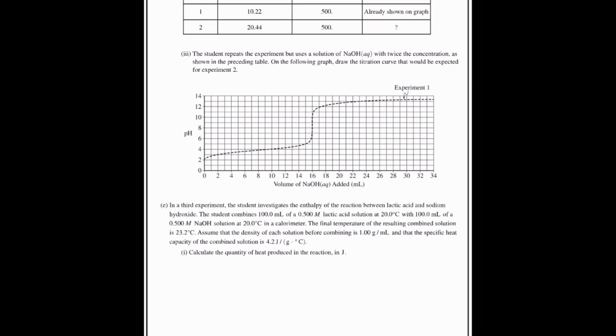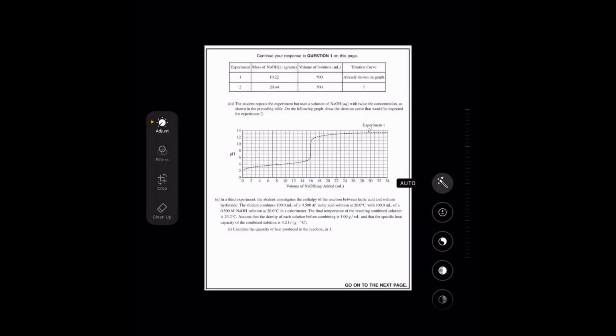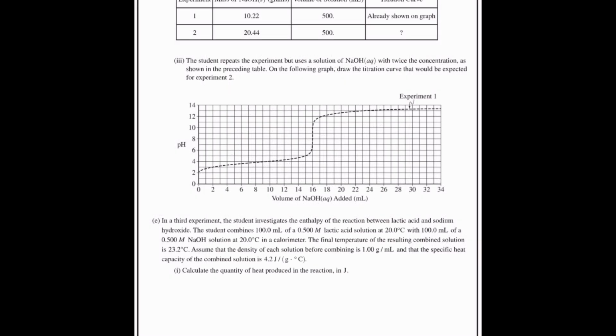5% battery. Third experiment. Okay, this is just a quantity of heat. They give you all this stuff. So we're going to have to do a Q equals MC delta T equation. We got 100 ml, 0.5 molarity lactic acid.